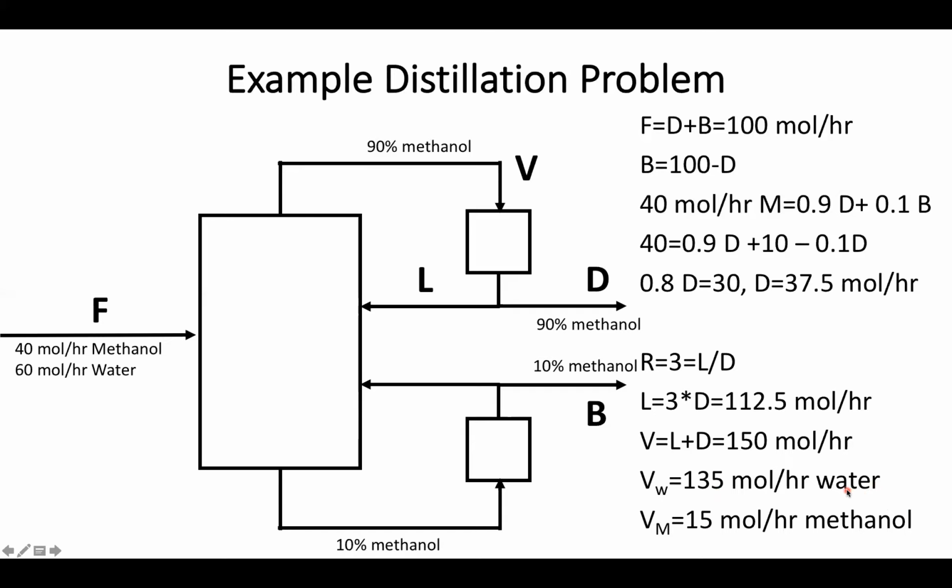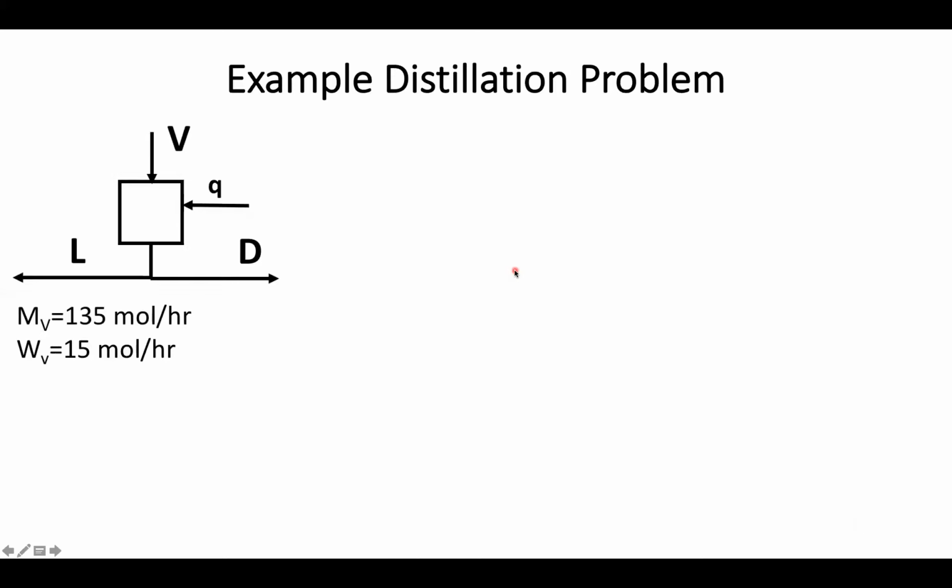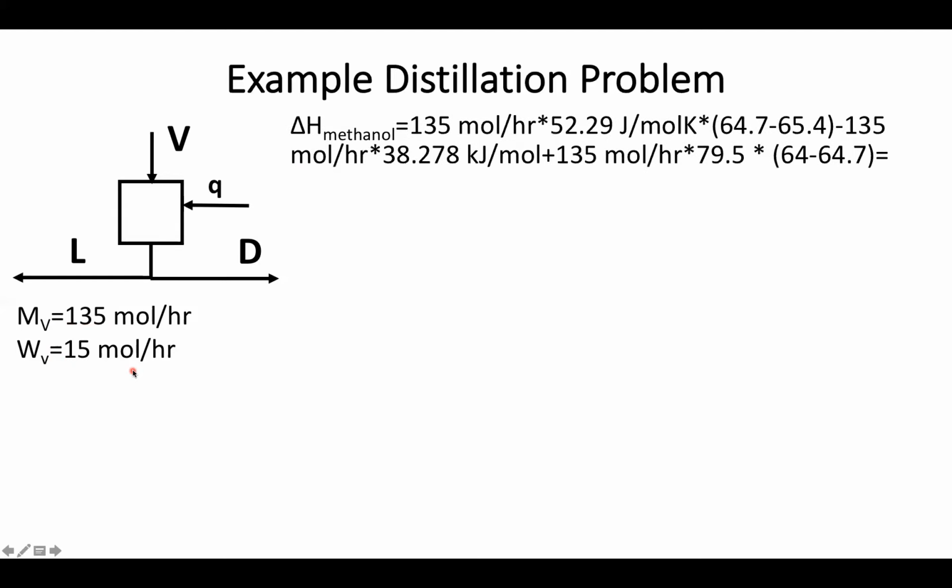So now I can use all of this information to figure out exactly how much I need to cool down this vapor, using a simple energy balance system. I have to cool down 135 moles per hour of methanol, while only 15 moles per hour of water.